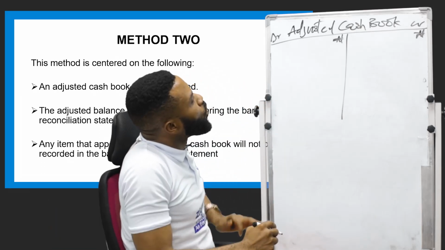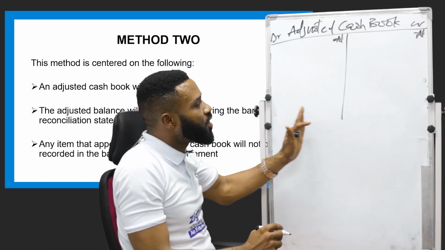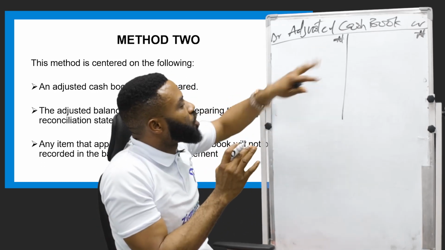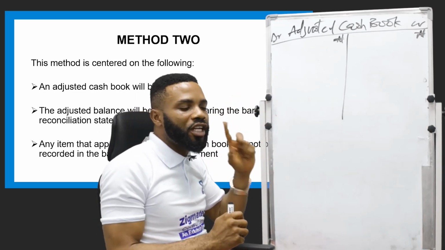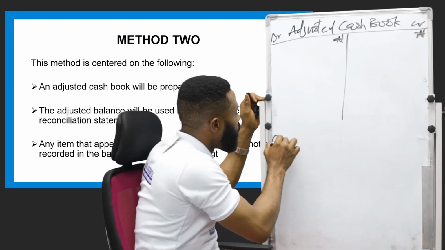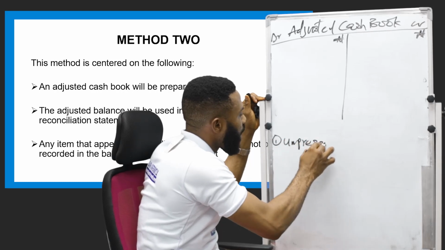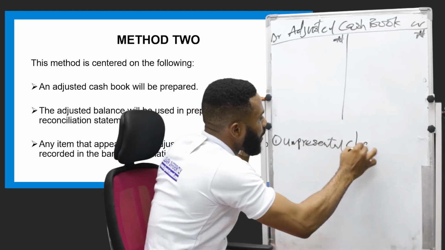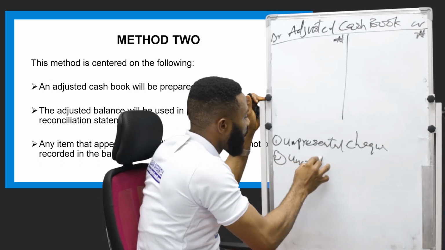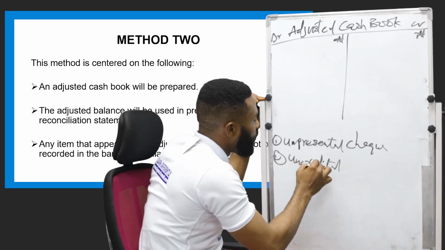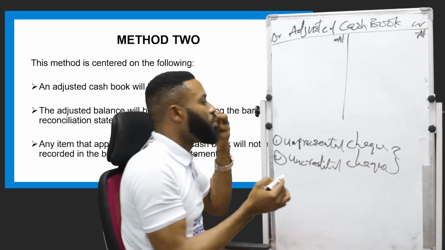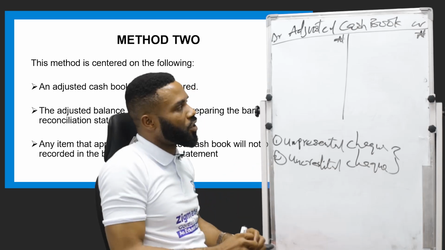Now, remember, I have established the fact that whenever you are preparing the adjusted cash book, you should not include unpresented check and uncredited check. These 2 will be used to prepare the bank reconciliation statement.